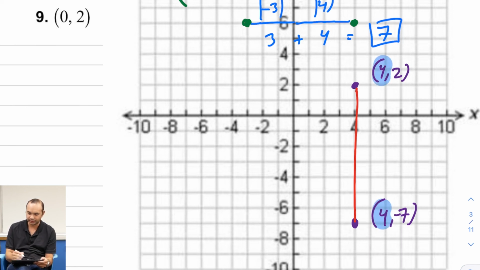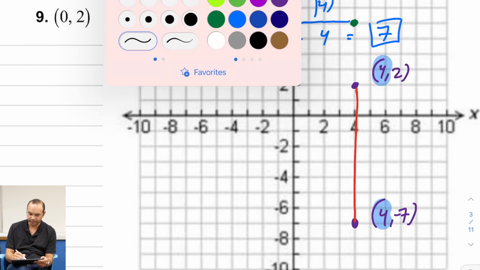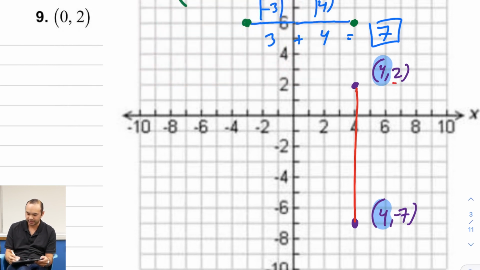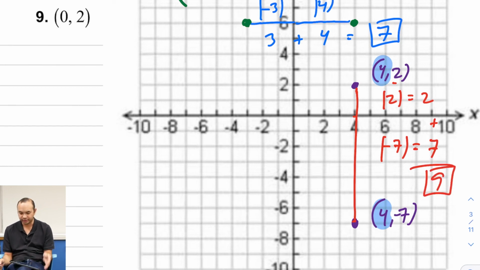So I'm only worrying about the y coordinates, right? The y coordinate here is 2. The absolute value of 2 is 2. So that's the distance there. Here, the absolute value of negative 7 is 7. So if you add those two together, you get 9. So the distance between 2 and negative 7 is going to be 9.